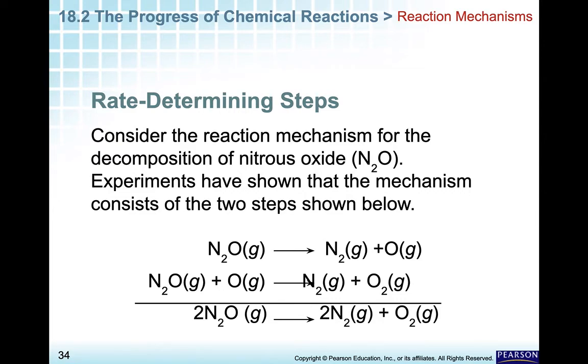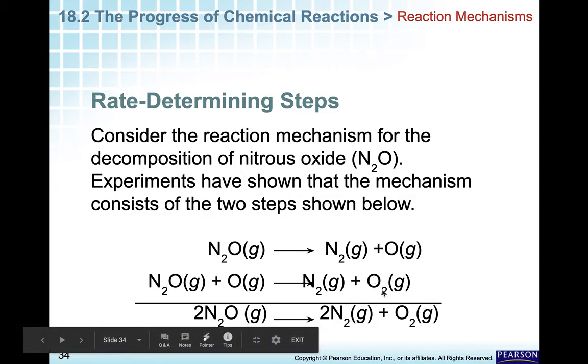We need the reaction mechanism to show us how this actually happens, because it turns out it's not just N's breaking off and O's breaking off. We have to do this in 2 steps. In step 1, first we have to break off a single oxygen. So we have N2O, first oxygen breaks off, and then in step 2, more N2O has to run into some of that now single oxygen to react with it to make O2.